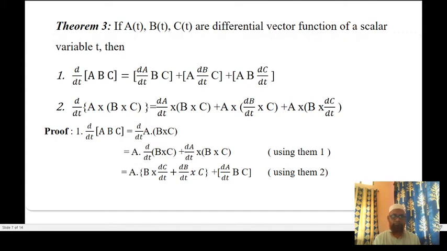Again, a dot b cross dc by dt plus db by dt cross c, bracket complete, plus the last term, which is the scalar triple product of da by dt b c.